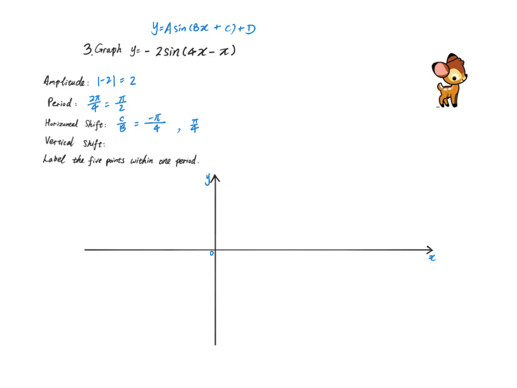We are going to the right, pi over 4 units to the right. Do we see another number after that? No, we do not see a number after, so we say no vertical shift. Don't forget at the end, we want to make sure to label the 5 points within one period.